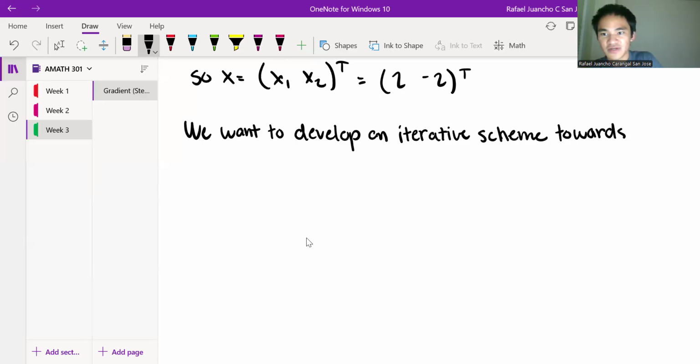So 2 and -2, right? Okay, so let's do that. First we calculate the quadratic form. Let me write that out.